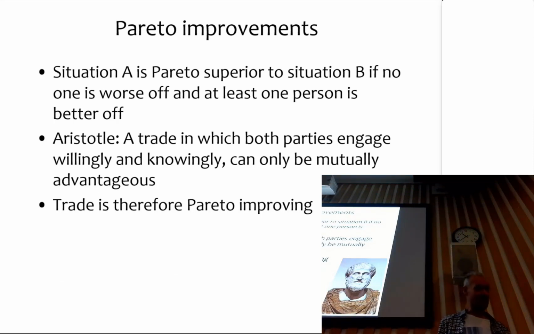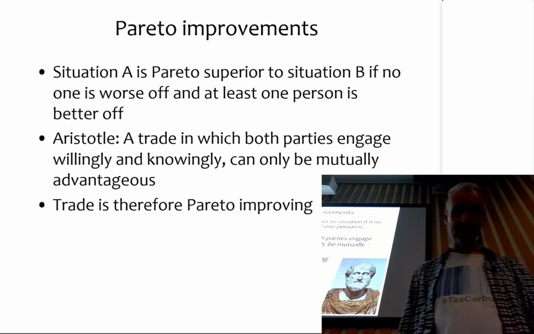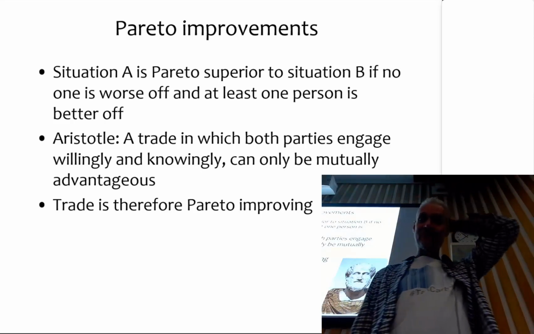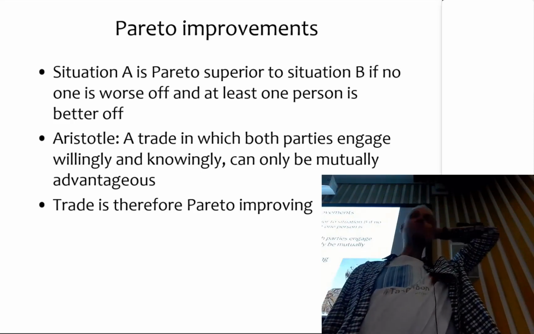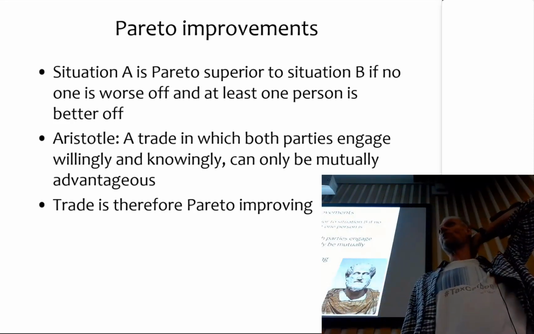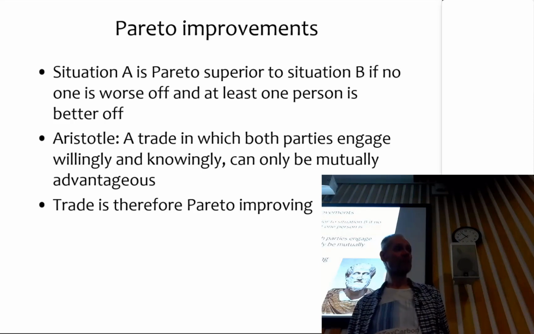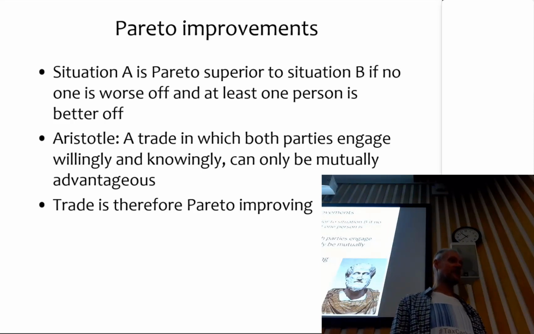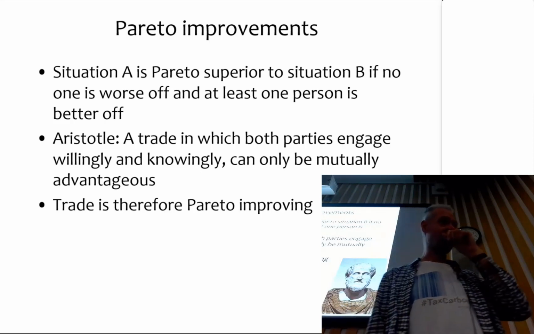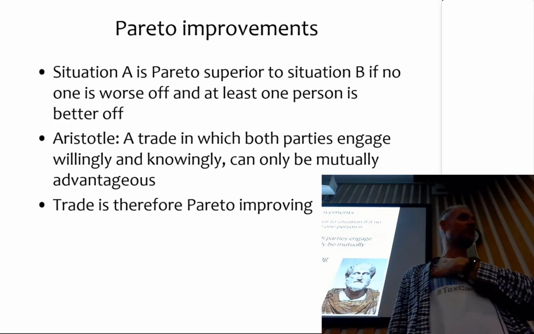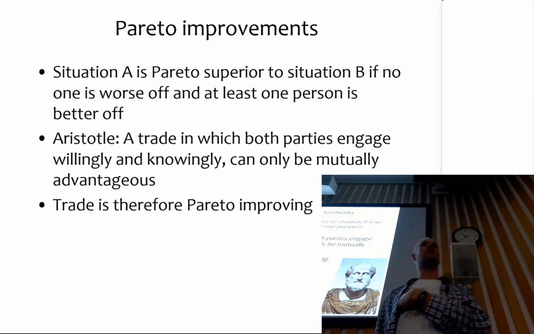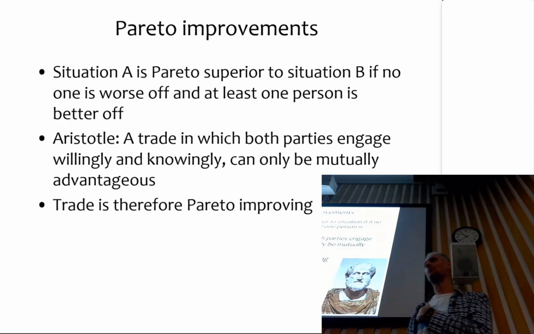efficiency and optimality. So, Aristotle argued that a trade in which both parties engage willingly and knowingly can only be mutually advantageous, otherwise you would walk away. Pareto, much later, said that a situation A is superior to situation B if no one is worse off and at least one person is better off, right?